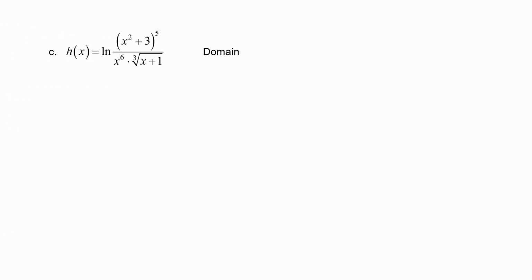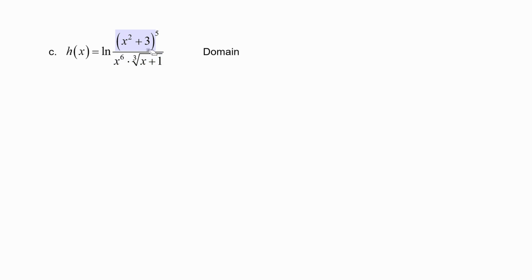In part C, we have h of x is equal to the natural log of this rational expression that has the quantity x squared plus 3 to the 5th in the numerator, and in the denominator is x to the 6th times the cube root of the quantity x plus 1. Now for the domain, remember that we need this entire argument to be positive.